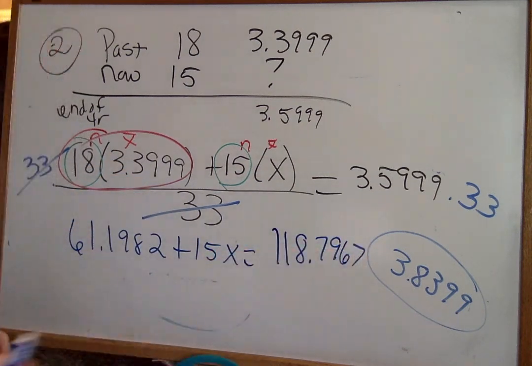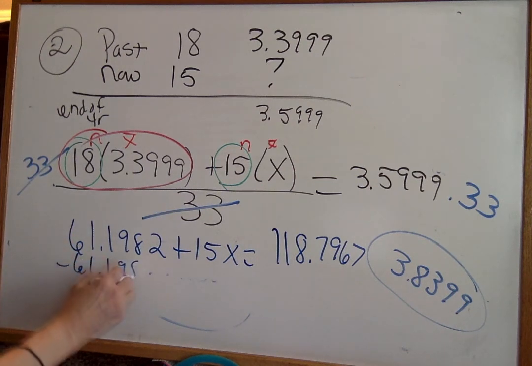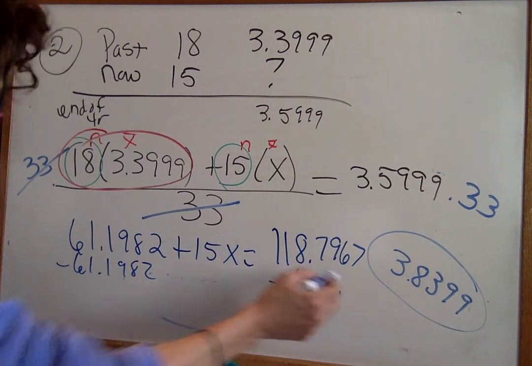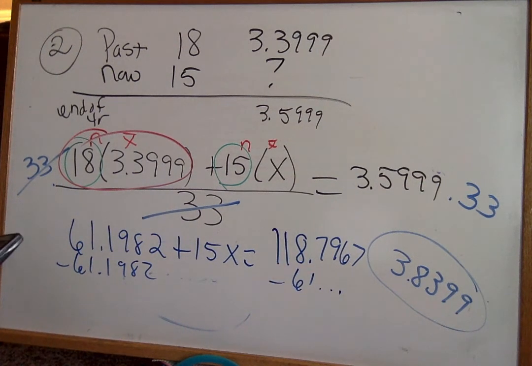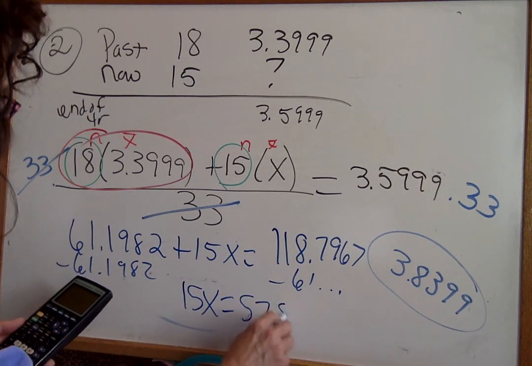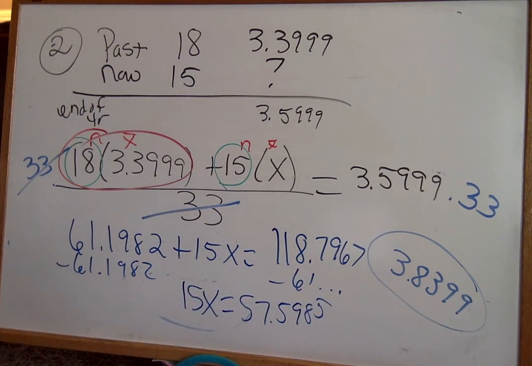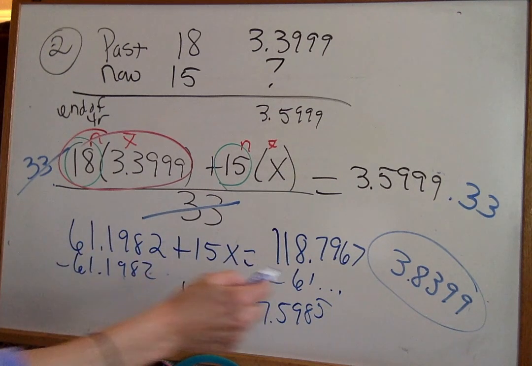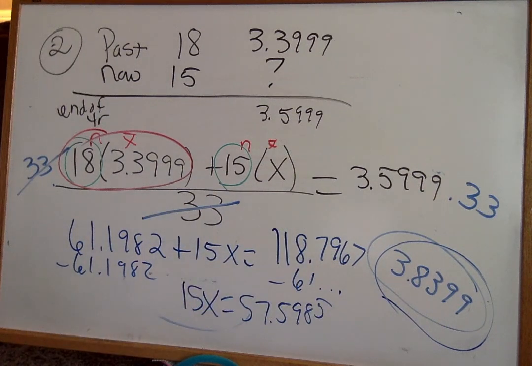And I'm keeping all my decimal places. I'm not rounding. If you start rounding up in here, your rounding error is going to accumulate and you are not going to get the right answer. So now you're going to subtract that from both sides, right? Okay, so you're going to have 15x equals 57.5985. And now divide both sides by 15. And you will get that answer.